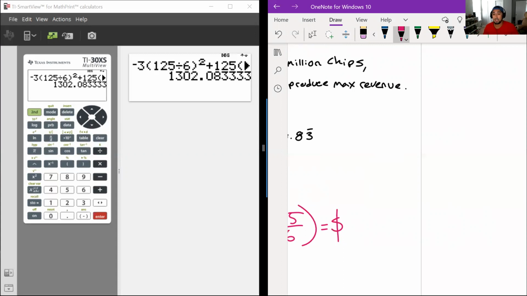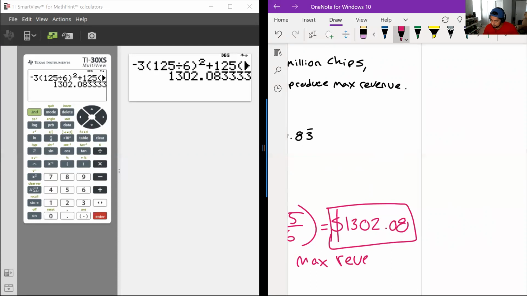But now, if we sell 125 over 6 million chips, we'll get $1,302.08 in maximum revenue. This is the max revenue.